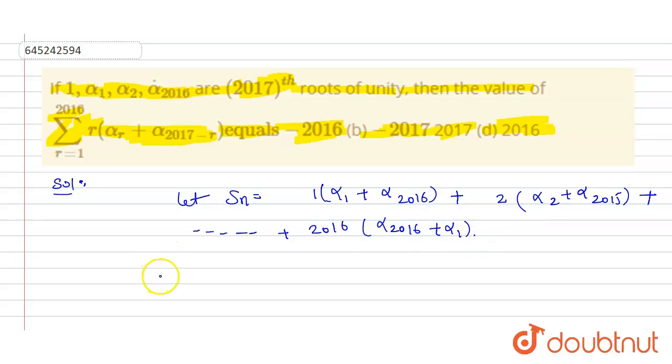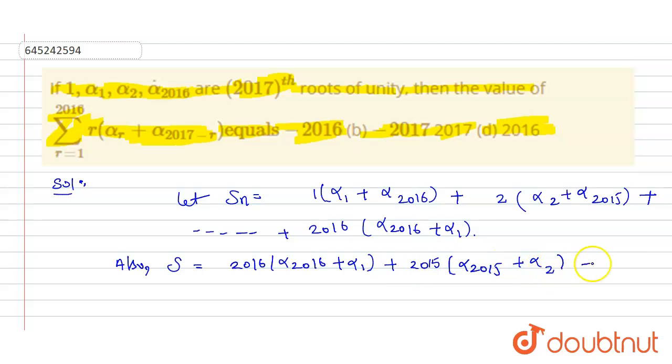Okay, now we also know that the sum is equal to 2016 into (alpha 2016 plus alpha 1) plus 2015 times (alpha 2015 plus alpha 2) up to so on.